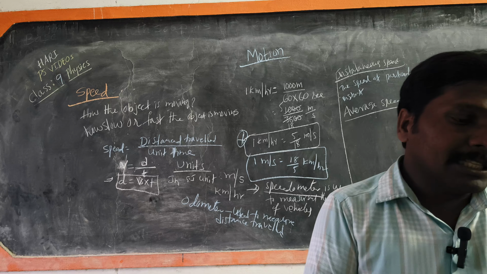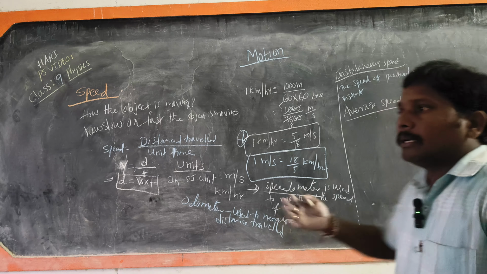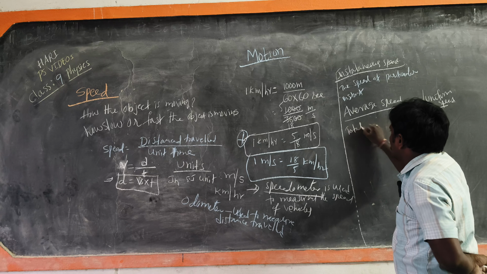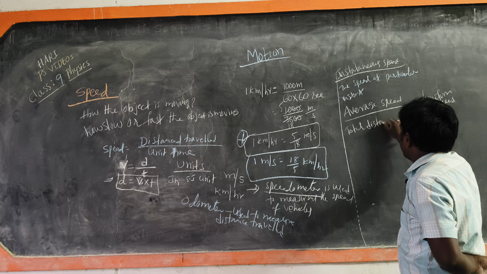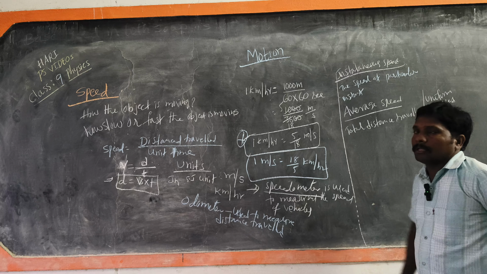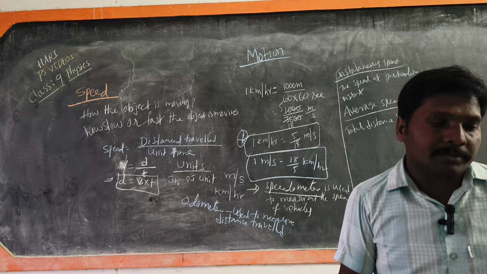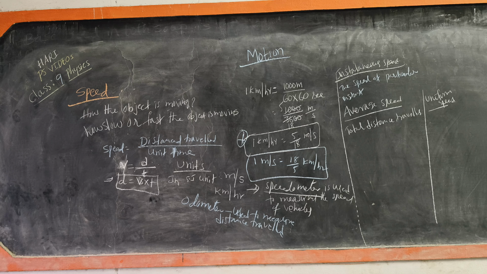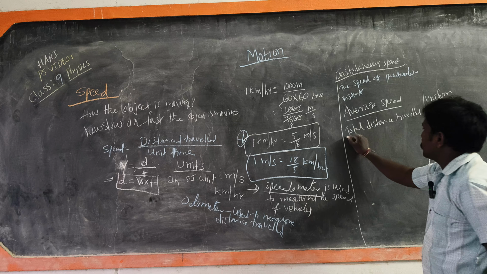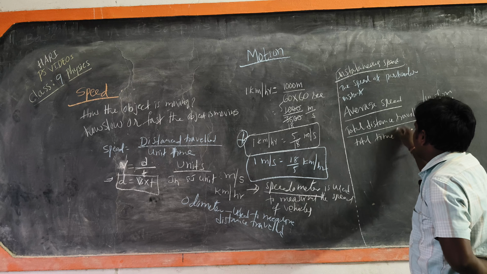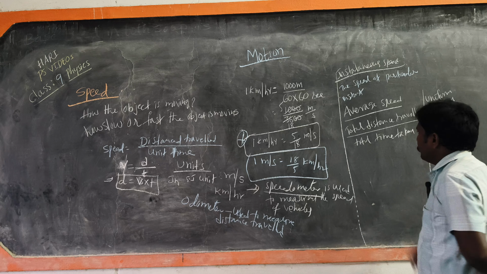So the average speed is the total distance traveled by an object divided by the total time taken.